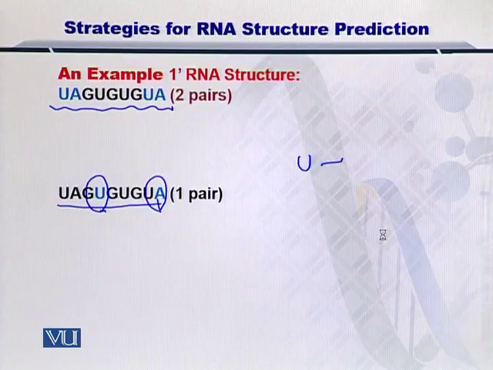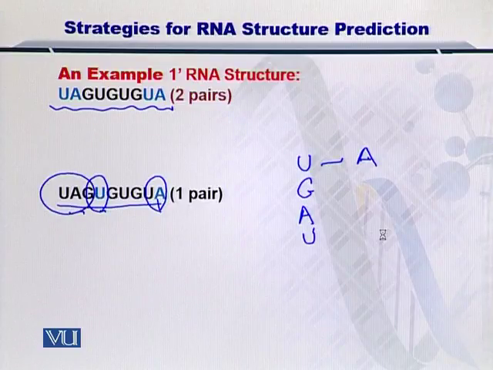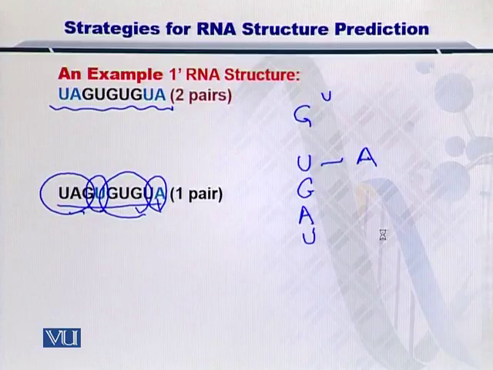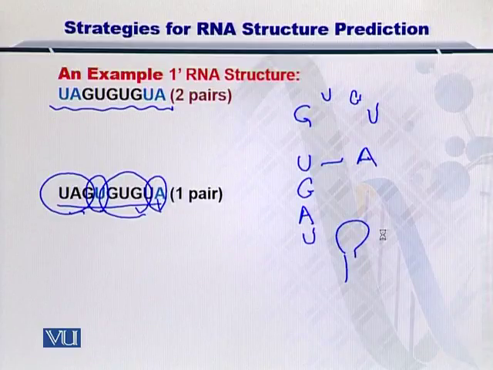The U is coupled with an A. Then besides U, we have the G, A, U on this side that is not coupled with any other nucleotide. And then this intermediary region, the 4 nucleotides GU and GU. So it is another kind of hairpin loop, but with one stem longer than the other.